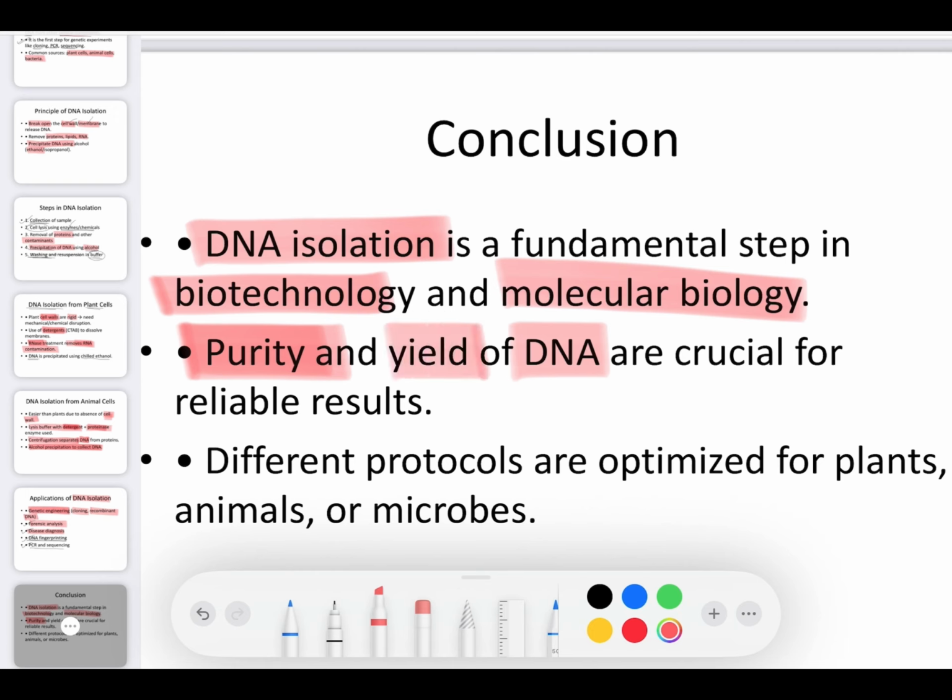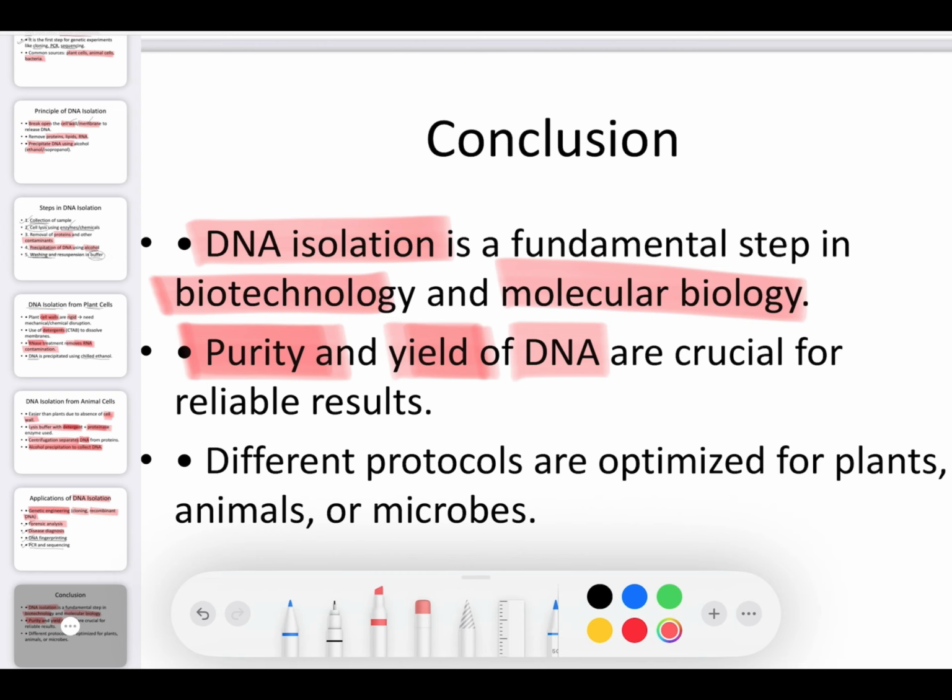And also the yield, we have to be aware of the yield, that is how much DNA we want. We have to take that much sample from the beginning. And then we can also go for the PCR step, because if we want a large amount of sample, we can easily multiply it. So these are the steps that we will follow further.